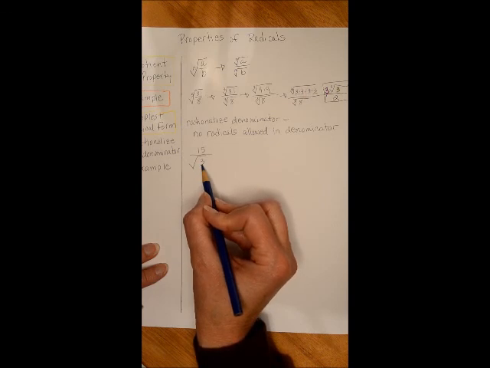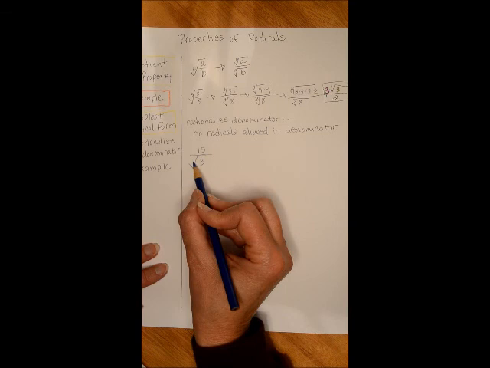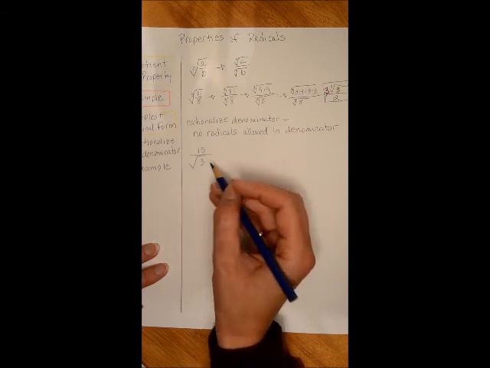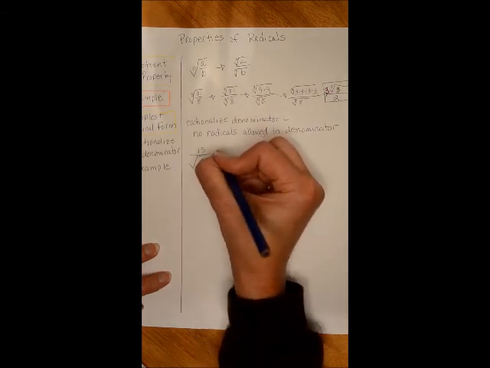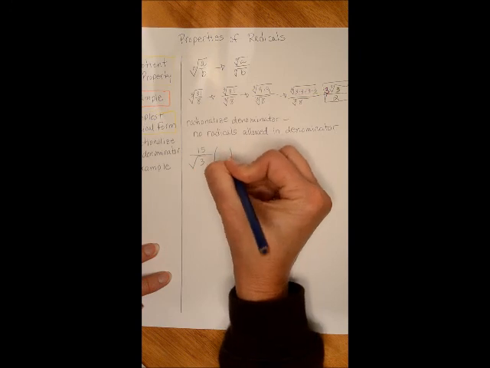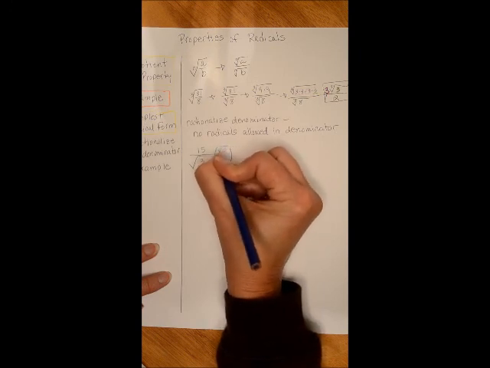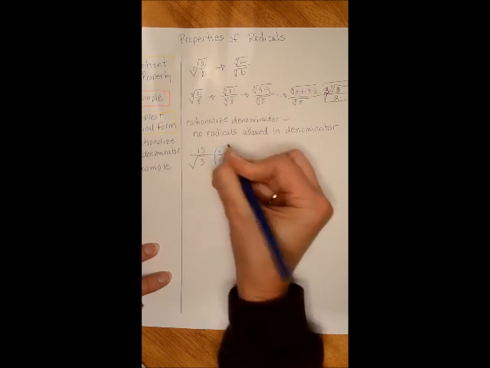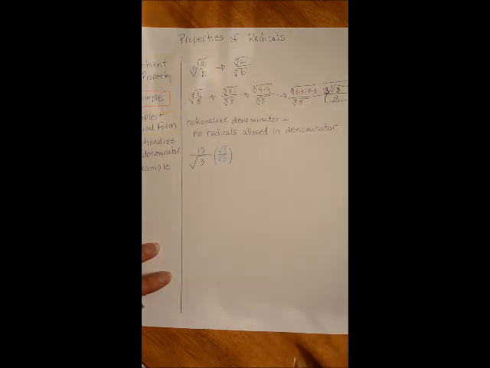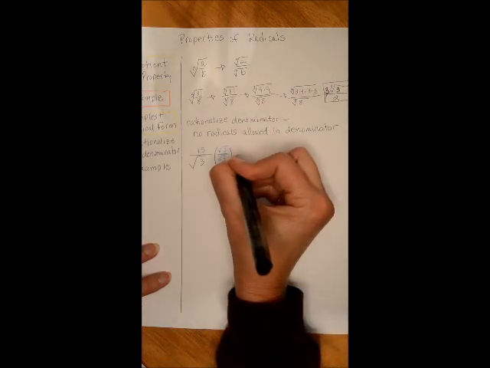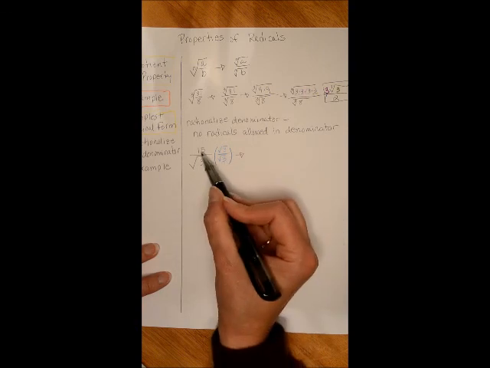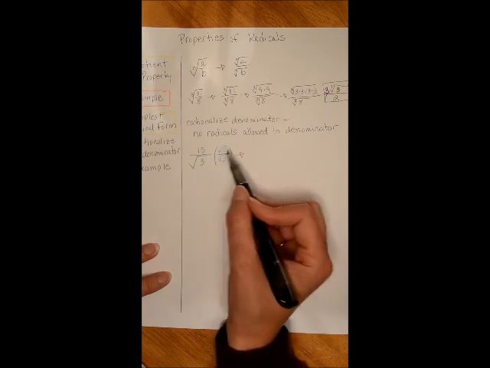I need 3 times 3, because this would be a 2 and we don't show it, but okay, I need 1 more. Well, what if I multiplied by this special 1, square root 3 over square root 3? What that would get me is this. I'm going to use that product property, 15 times square root of 3.